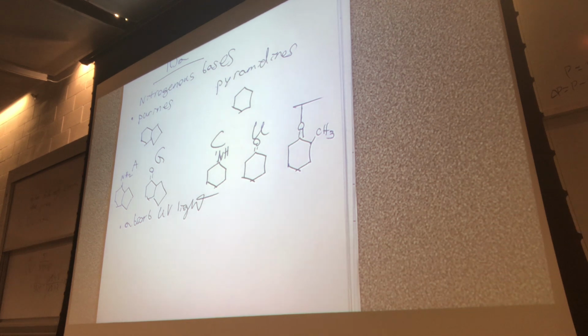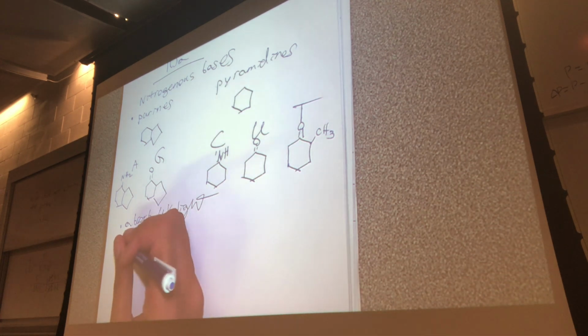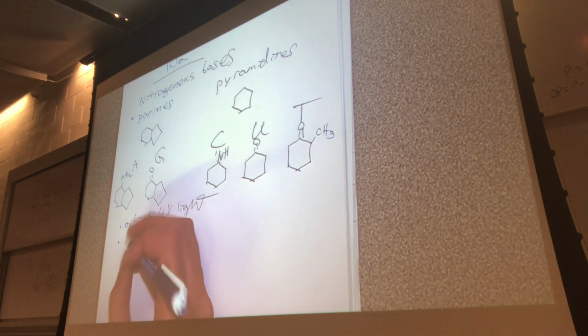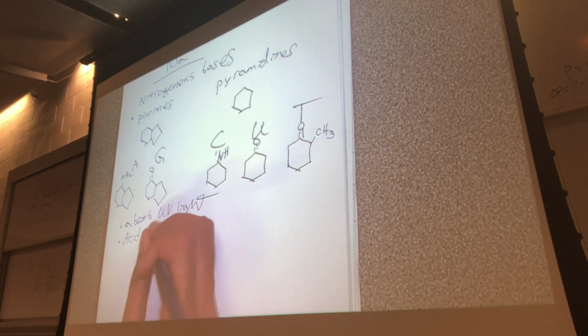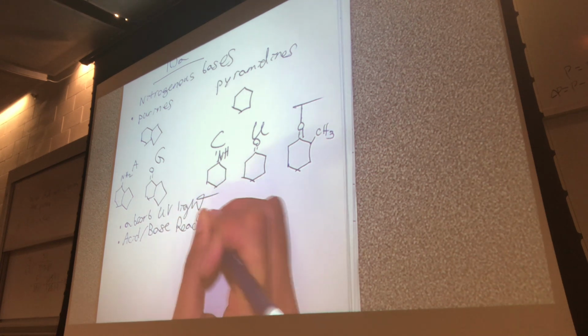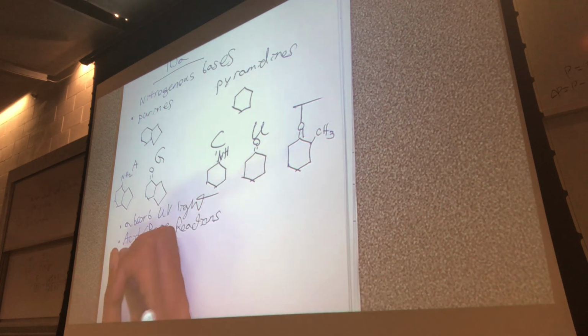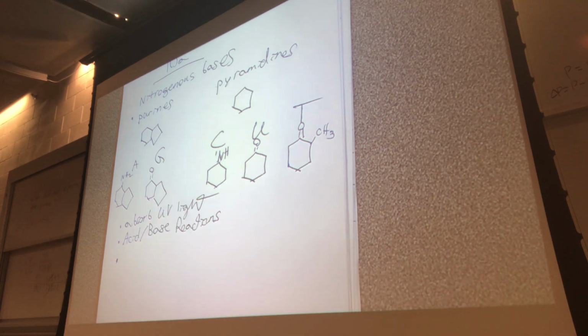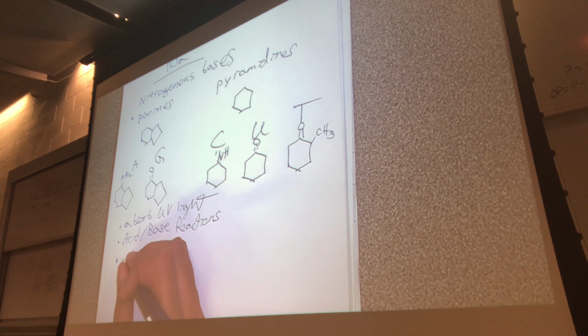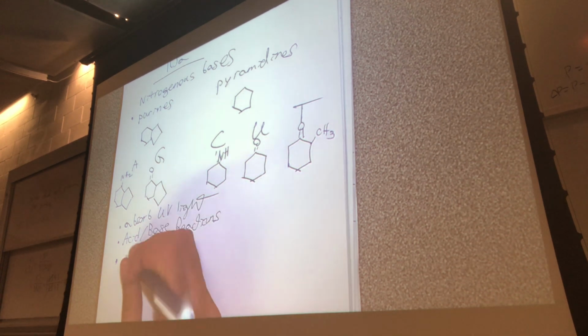Then there's two other things. Well, they're all nitrogenous bases, so they can participate in acid-base reactions. That makes sense. Then there's that one phrase that you hear in organic chemistry that we don't really talk about too much in this class, but if you see the phrase, just be able to recognize it.